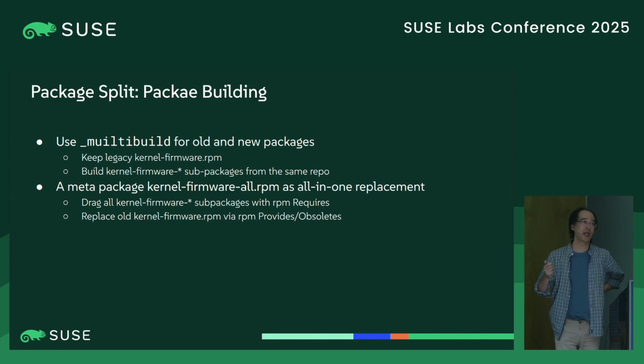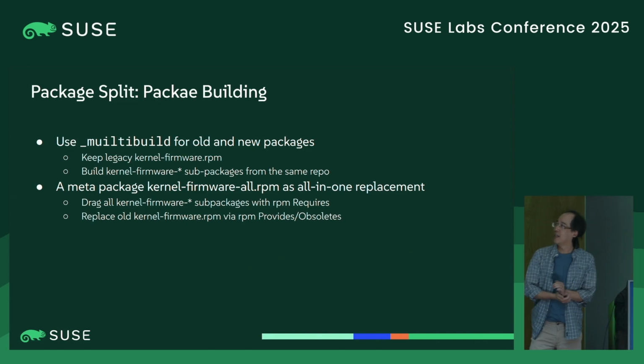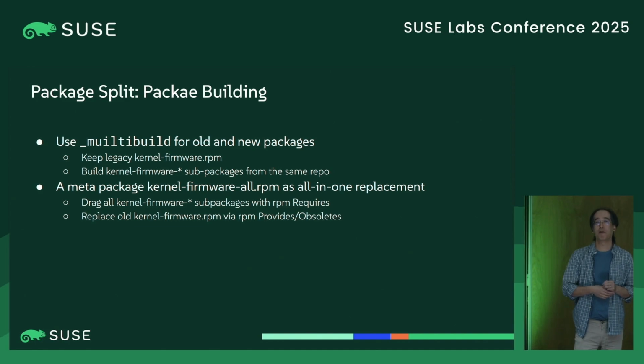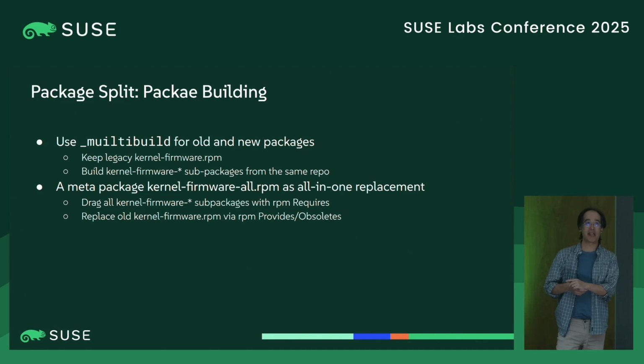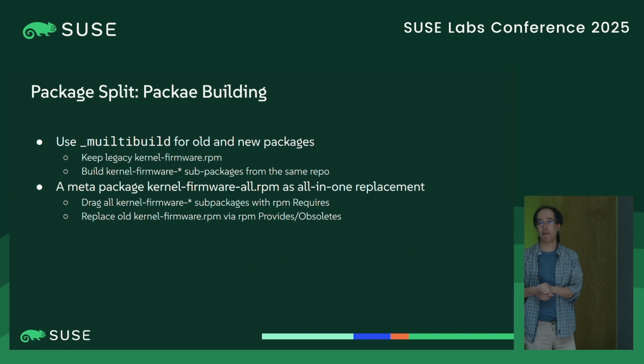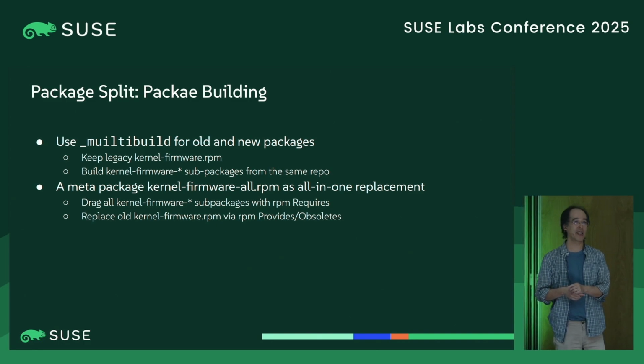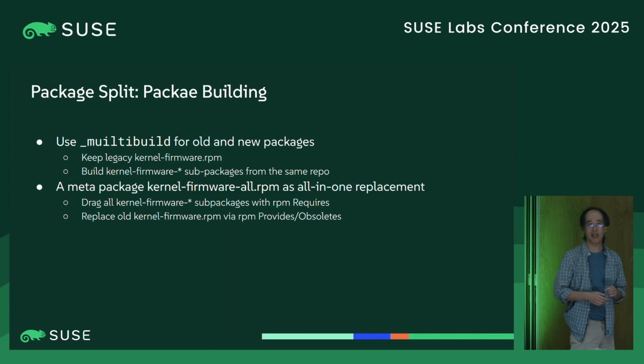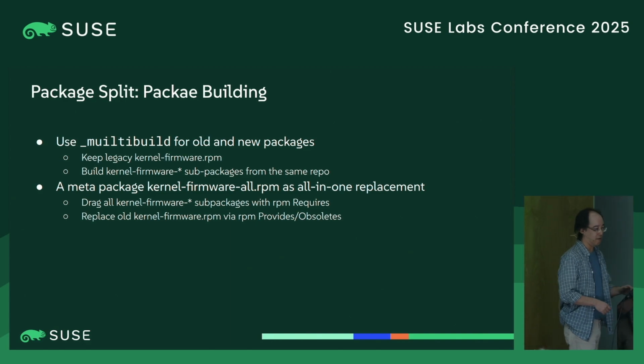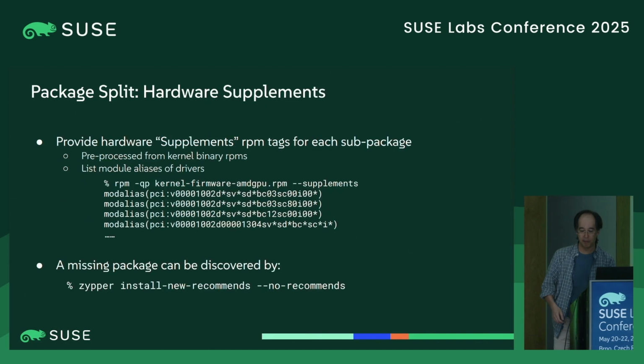This is an all-in-one package containing gigabytes of uncompressed files. And for replacing that old legacy kernel-firmware RPM with the new split packages, we provide kernel-firmware-all RPM. This is a meta package, and it has nothing by itself, but it has RPM Requires tags to drag in all kernel-firmware sub-packages. And this replaces the kernel-firmware RPM automatically.